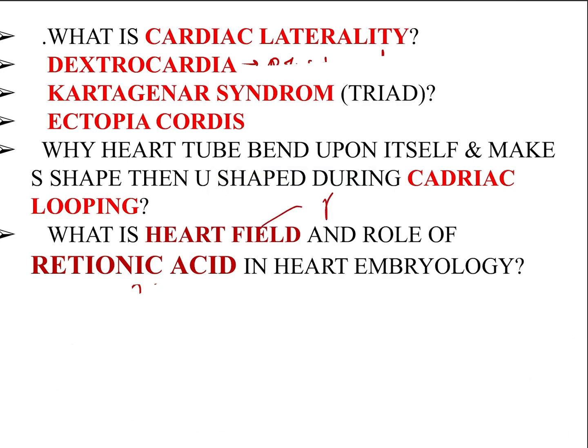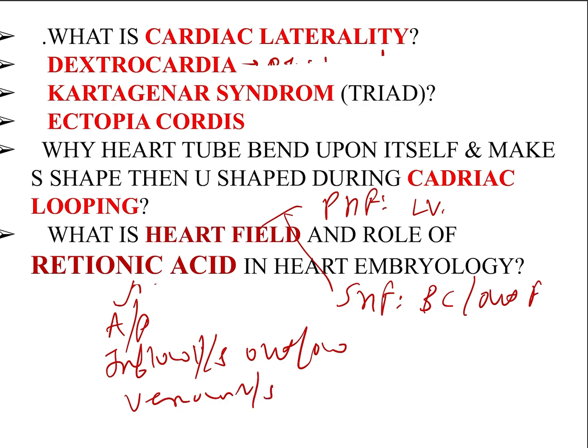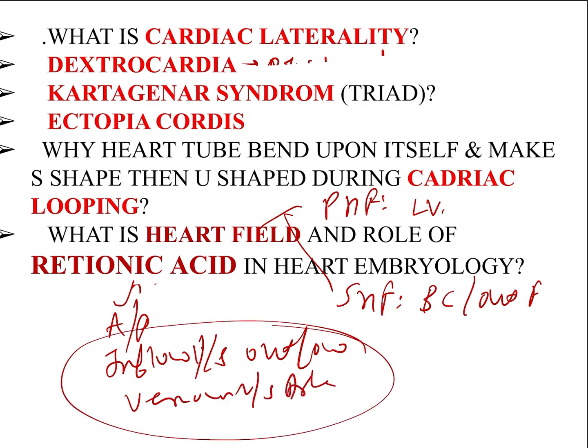Okay, primary heart field, secondary heart field, bulbus cordis and outflow tract, primary heart field left ventricle, retinoic acid antero-posterior polarity, inflow versus outflow, venous versus arterial, and establishment of cardiac looping because of fixed cranial and caudal ends.